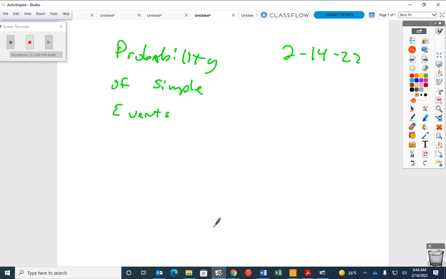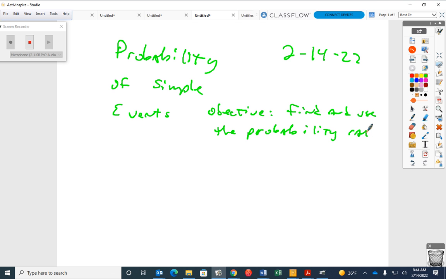So our objective today is to find and use the probability ratio for simple events. Okay, to find and use the probability ratio for simple events.